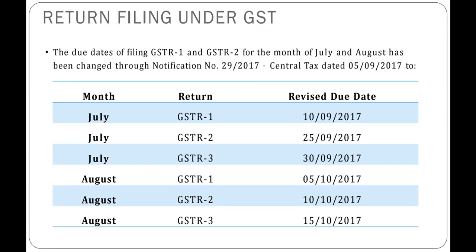July GSTR 2 is 25/9/2017, and July GSTR 3 is 30/9/2017. For August, GSTR 1 is 5/10/2017, GSTR 2 is 10/10/2017, and GSTR 3 is 15/10/2017.